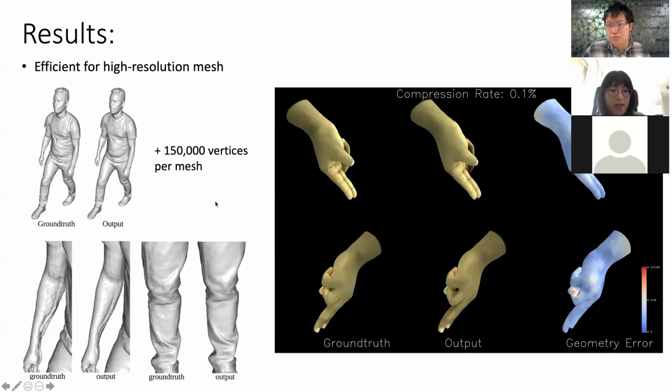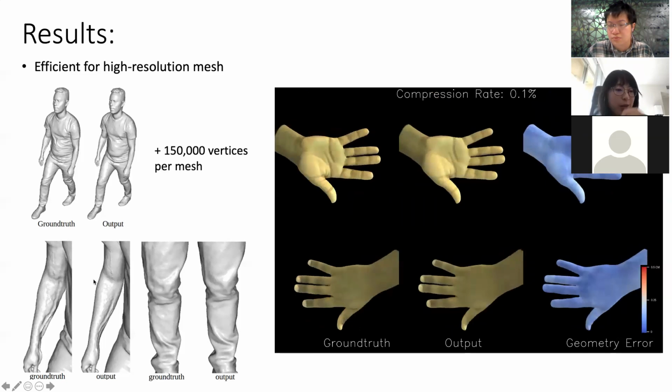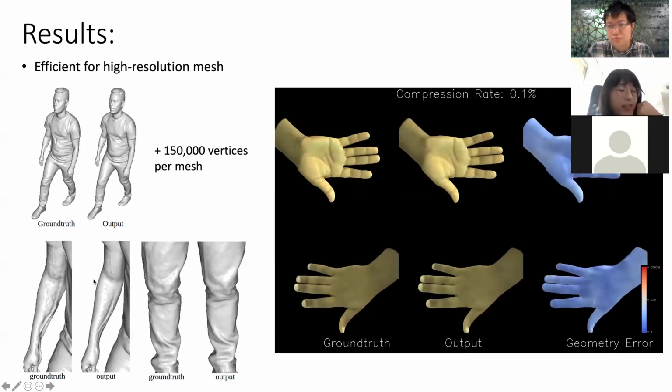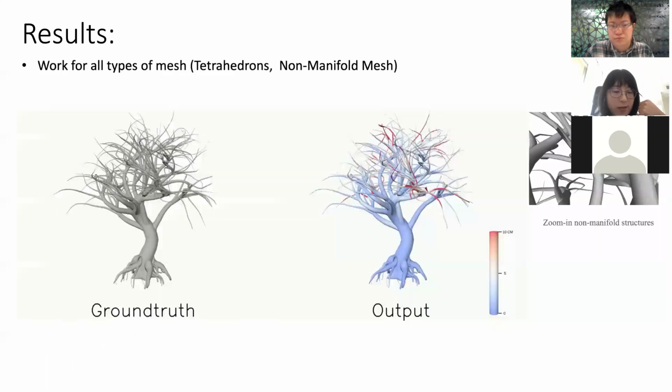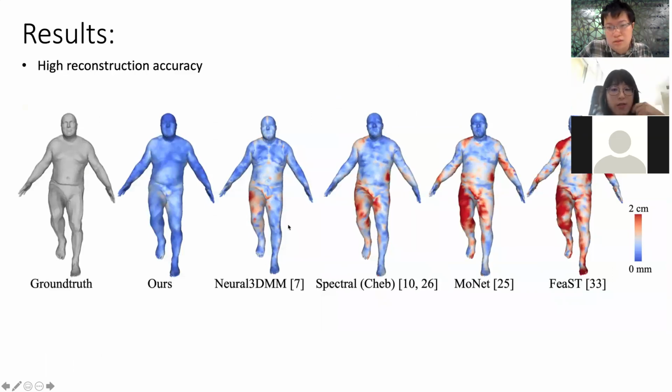So, for example, I remember for the network trained on this one with 150,000 vertices, it used 16 gigabytes of memory during training. For the batch size, sorry, I cannot remember exactly, but when we trained it, we used a GPU with 16 gigabytes of memory.